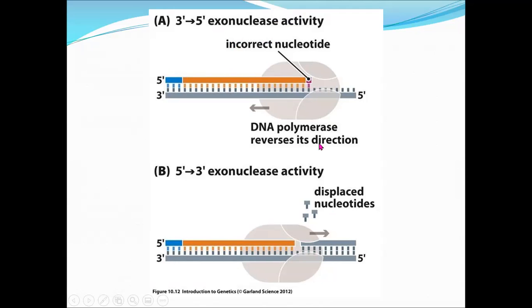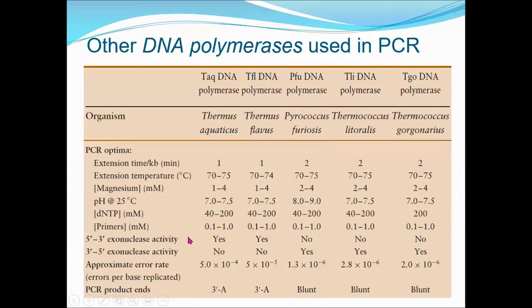This activity is found in Taq DNA polymerase and Tfl, but not in the rest of them. Whereas 3' to 5' exonuclease activity means the polymerase goes back and cross-checks whether it is incorporating the correct nucleotide or not. That is the proofreading activity. Proofreading activity is not there in Taq, not there in Tfl, but in the rest of them.